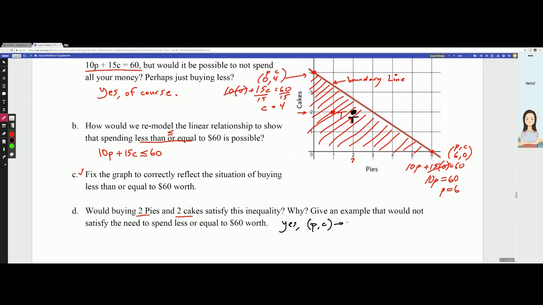In this case, it's more specifically 2 pies, 2 cakes is a solution since the ordered pair is in the shaded region.